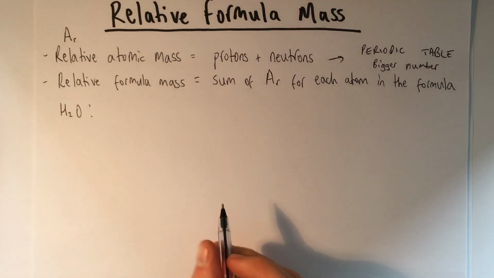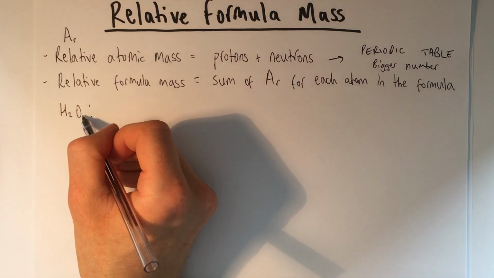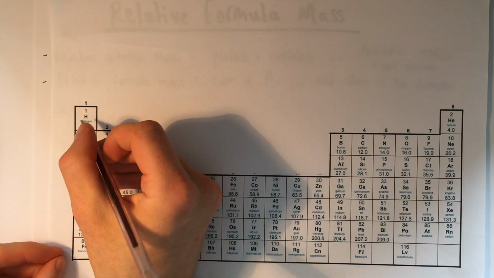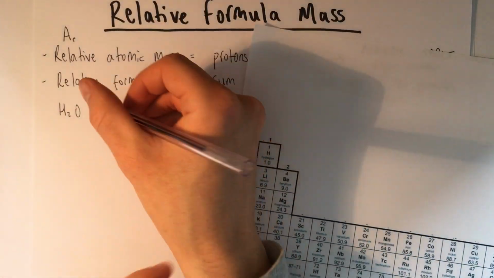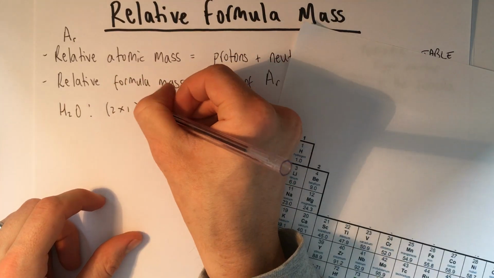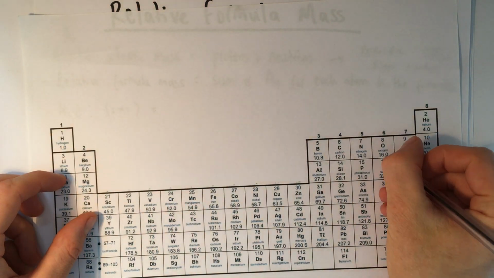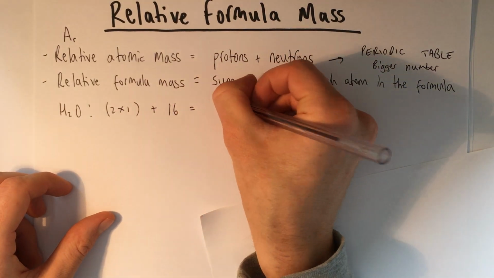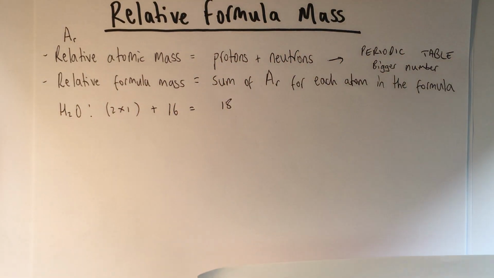So we need to add together the masses of 2 hydrogen atoms and 1 oxygen atom. So first of all, hydrogen, the relative atomic mass is 1, so we need to do 2 lots of 1, and then just 1 oxygen atom, and that is 16. So I'm going to add to that 16, and the total relative formula mass is 18.